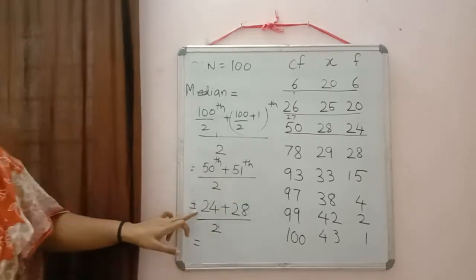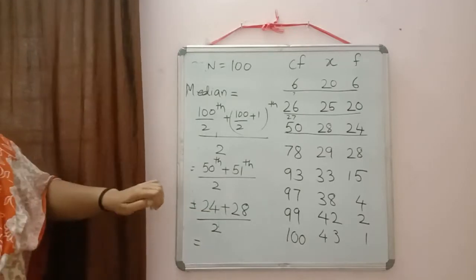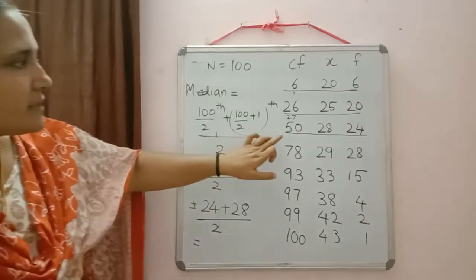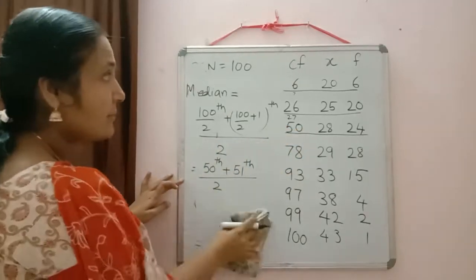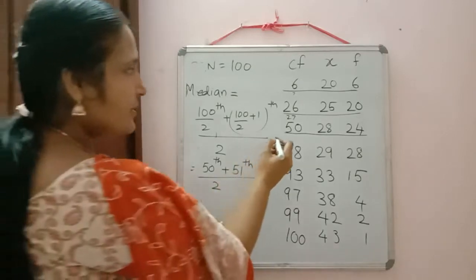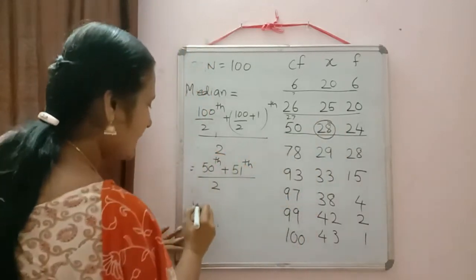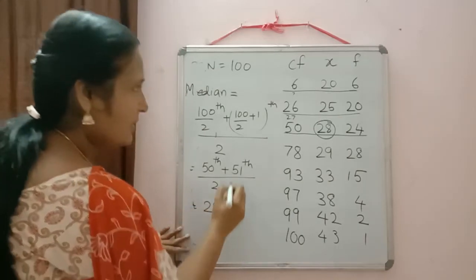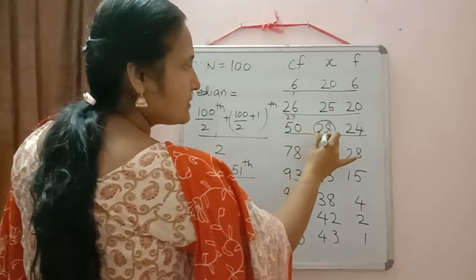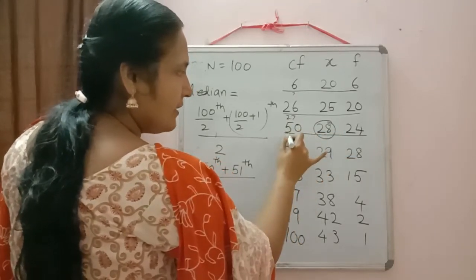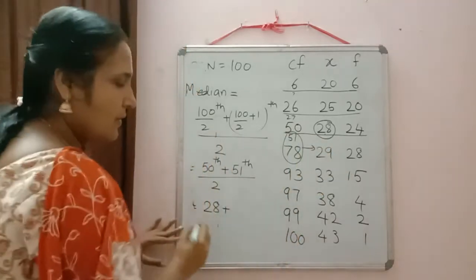Just to check the 51st, corresponding values of x we have to write. I am writing the frequency. The 50th observation is 28. Till 50 all the values are equal to 28, and then from 51 to 78 all the values are equal to 29.